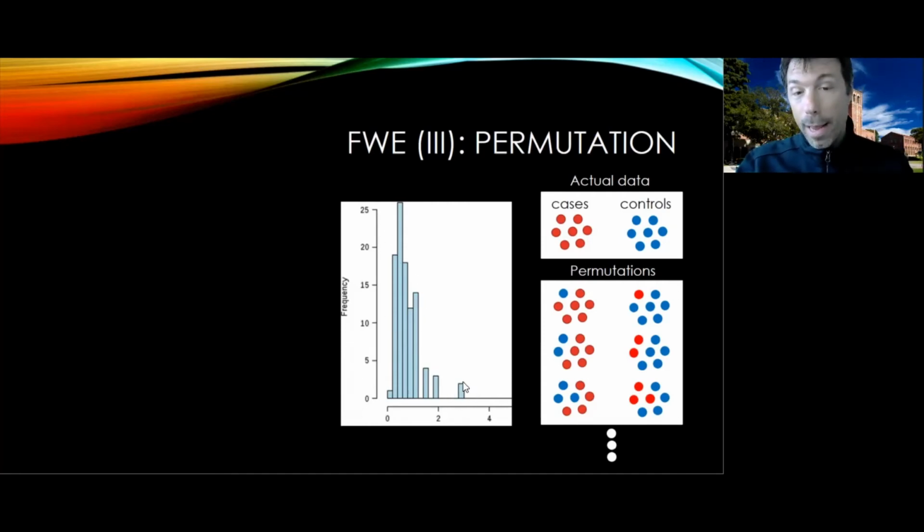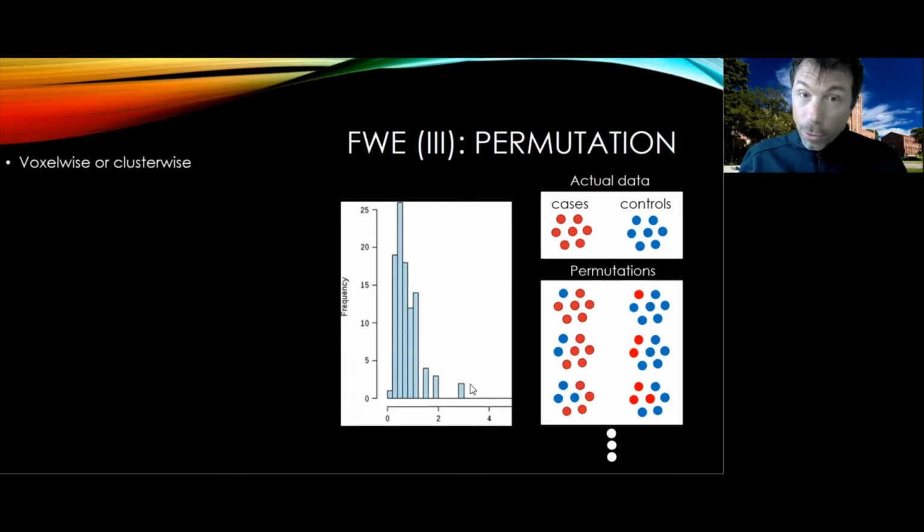And if our number is extreme enough, then it's very unlikely that it comes from the same distribution, which means we should reject H0. Which means that labeling actually does matter, right? So there is an effect of my intervention. So this is how you would do permutation testing.